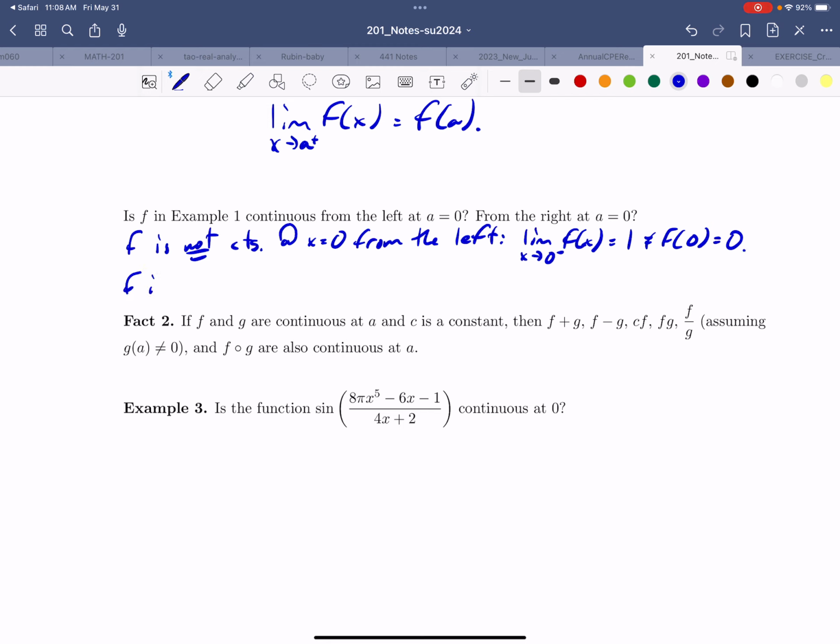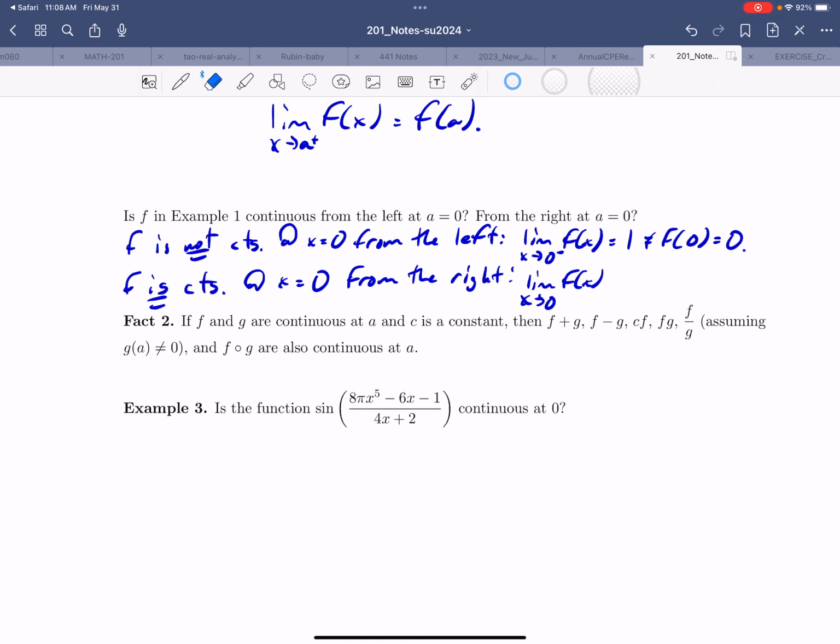Meanwhile, f is continuous at x equals 0 from the right. The limit as x approaches 0 from the right of f of x equals 0, which does in fact equal f of 0. Okay, that's it.